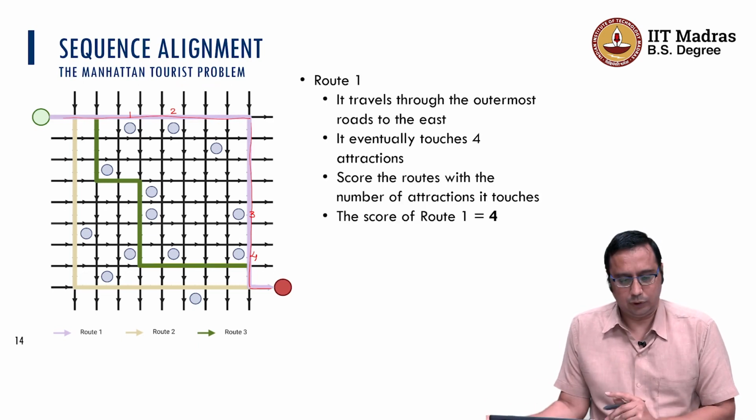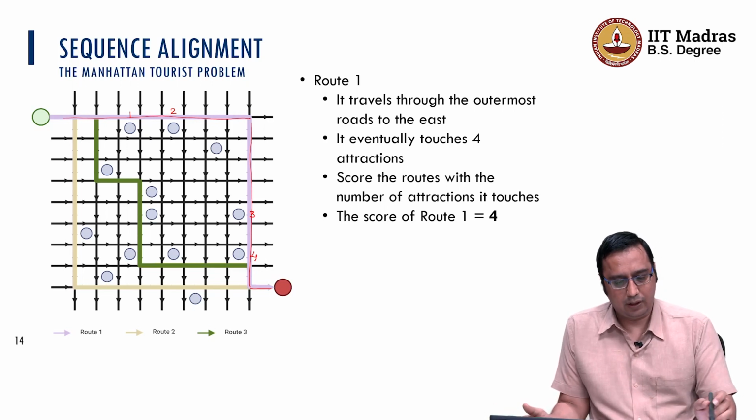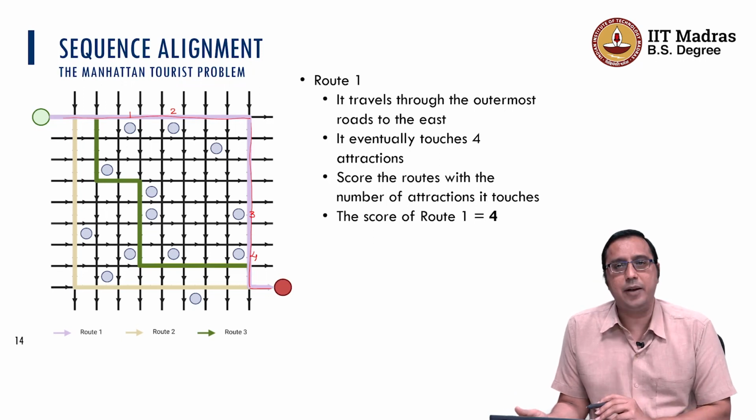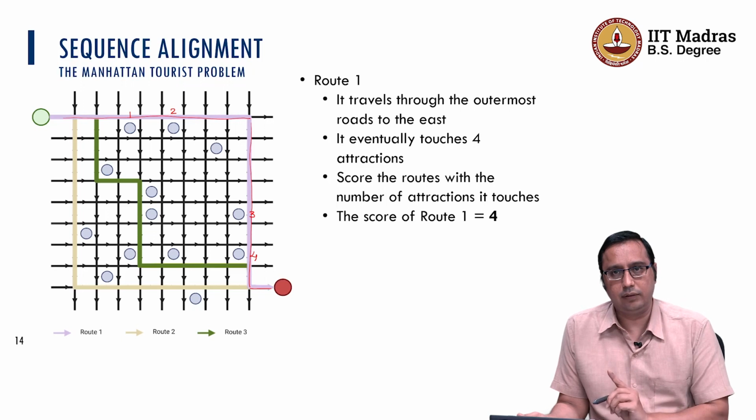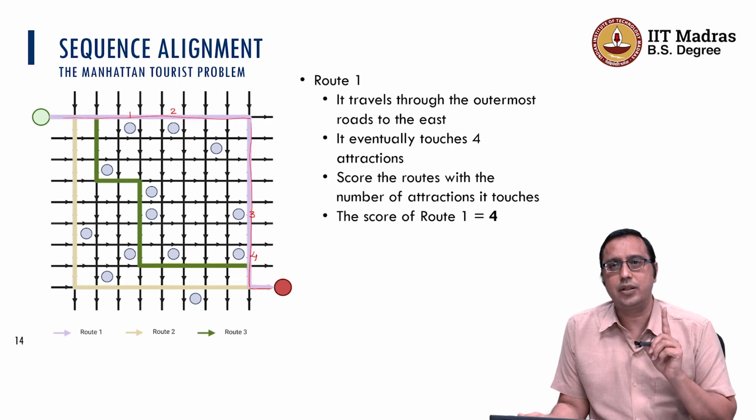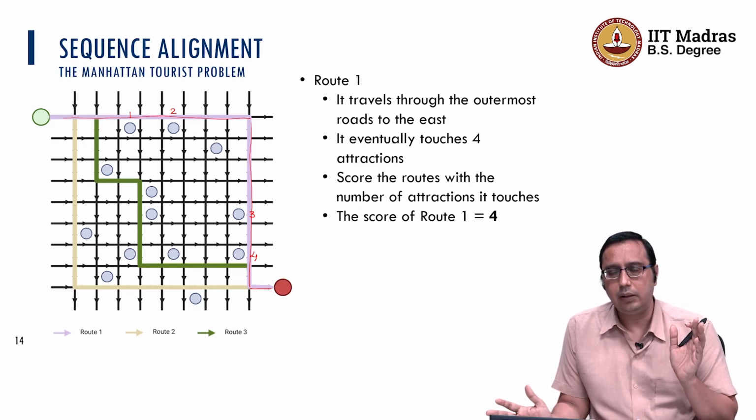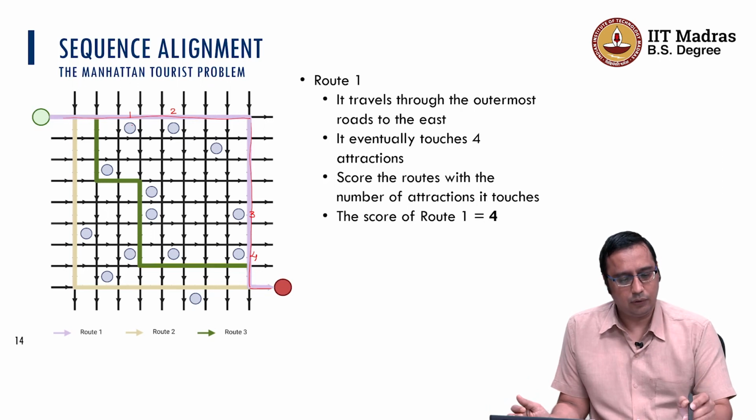So if I travel on route 1, I will touch these 4 attractions, visit them, and end my journey. So the score for route number 1 is 4, if I give each attraction a score of 1. All attractions are equal, I'm assuming, and I'm giving them a score of 1. So I have traveled 1, 2, 3, and 4, and the summation of all those is equal to 4.